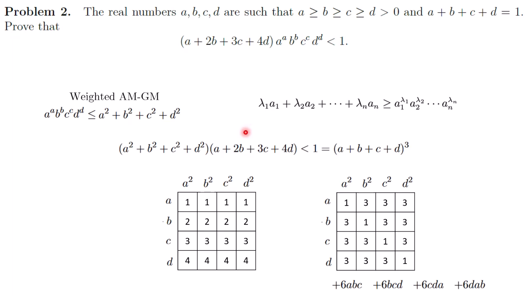So for example, the weighted AM-GM inequality, in retrospect, it seems quite obvious that we should have applied this to get rid of the powers and simplify into this, and writing 1 as this cube expression here takes a bit of inspiration to come up with.